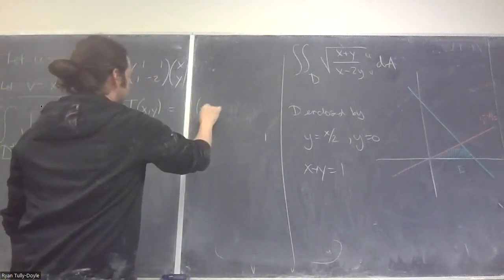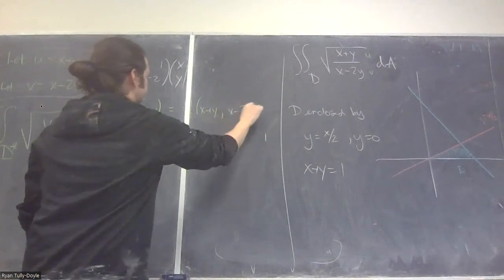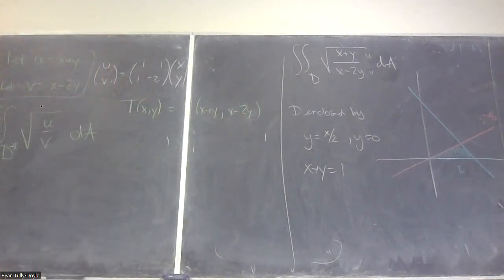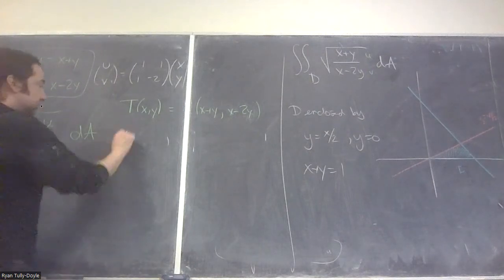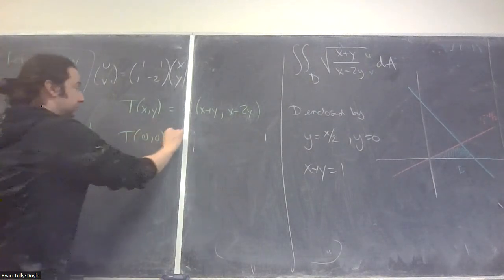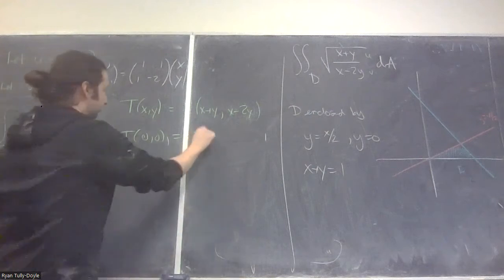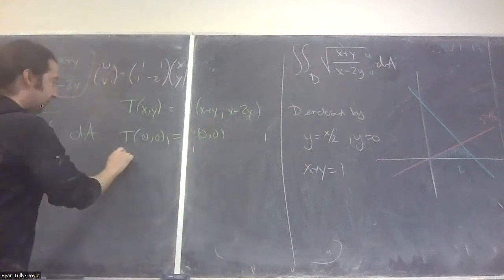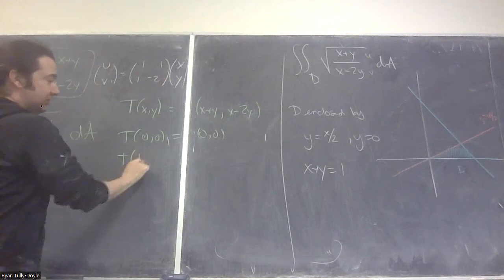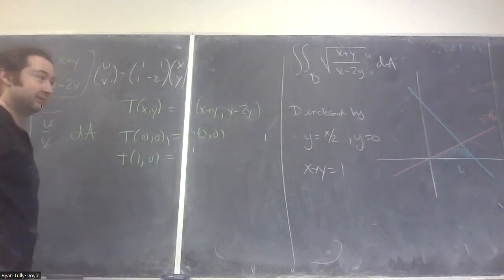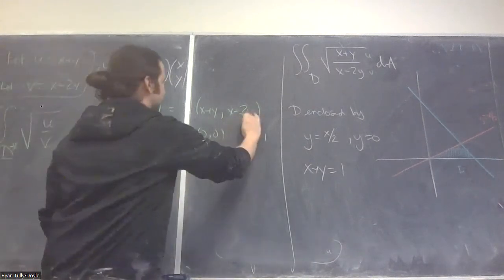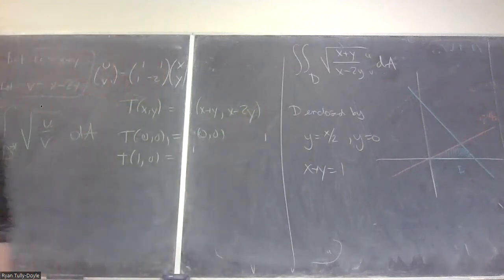So it's just x plus y, x minus 2y. T of 0, 0 is 0, 0. T of 1, 0. It's 2y, just my sloppy writing.